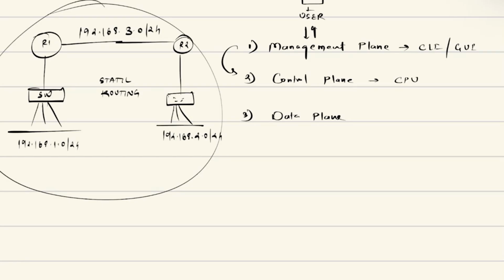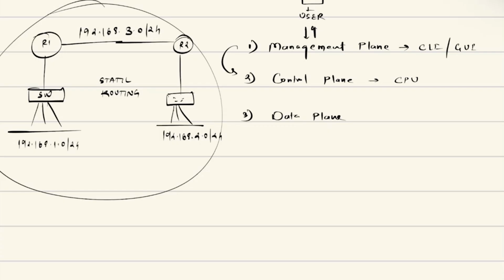So whenever you use the command router ospf and the process ID, then in the CPU that OSPF process and feature is enabled so that the device starts sending hello packets, receiving them, processing them, and forming neighborships.